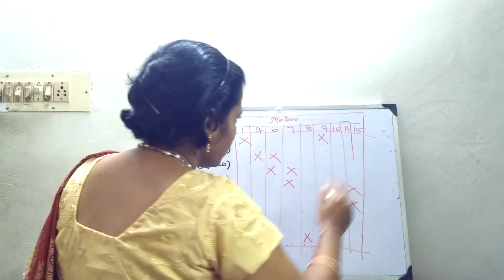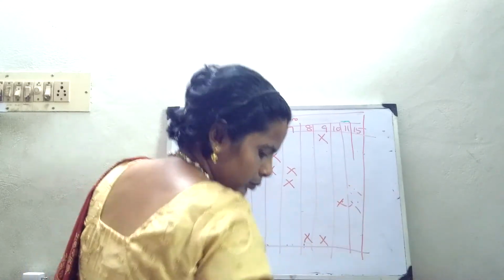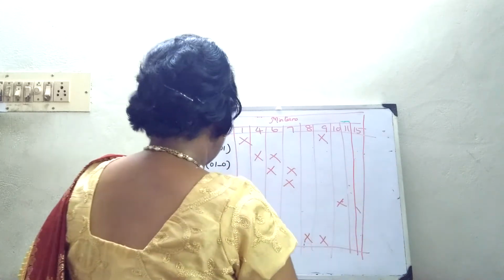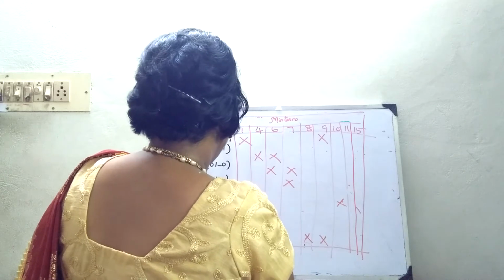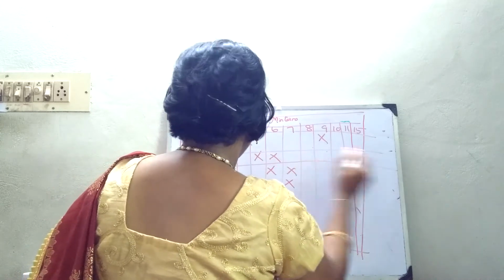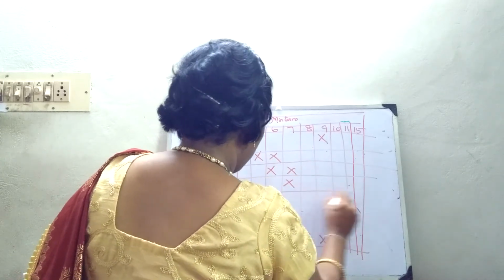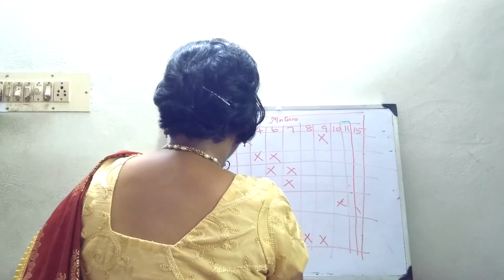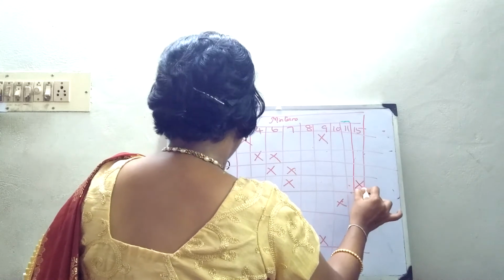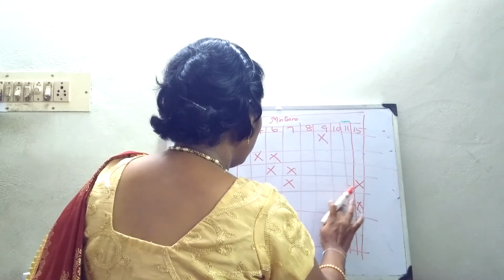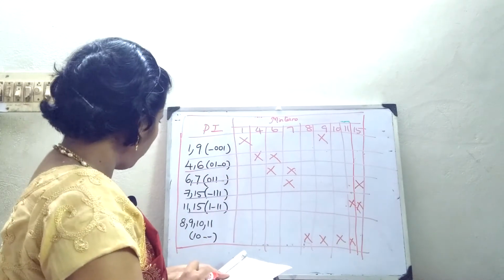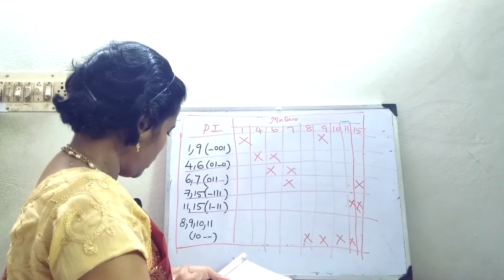One minute, if I want to be more clear. So this is 4, 6, 6, 7, 7, 15, 11, 15. Next is 8, 9, 10, 11. Once I check the minterms 1, 9, 4, 6, 6, 7, 7, 15, 11, 15.